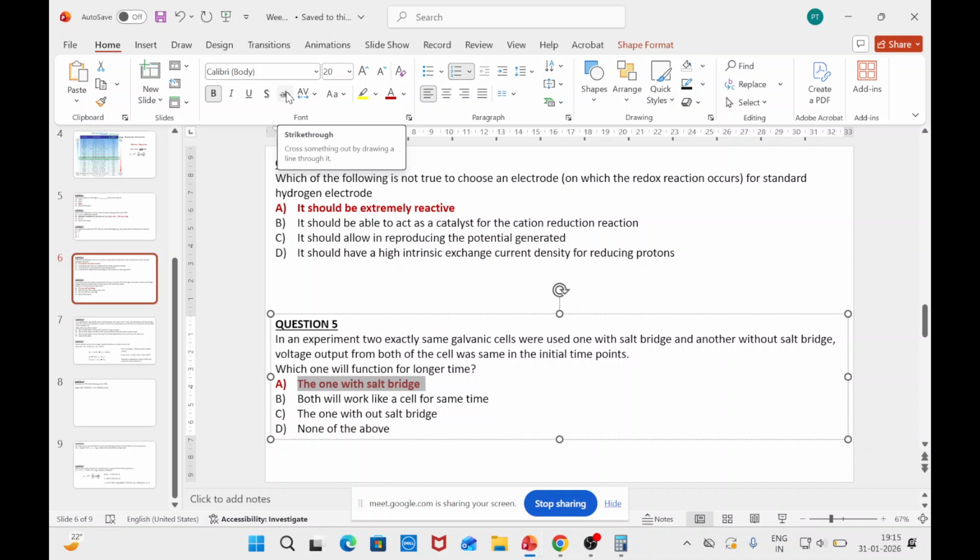Let's end the discussion here for today's session. Does anyone know how the salt bridge helps in extending the lifetime of a galvanic cell? Because we need to know how it helps. It helps, that's okay, but how does it help?